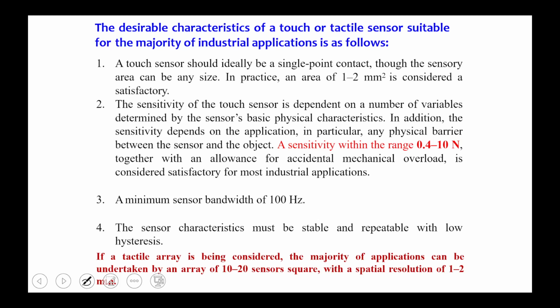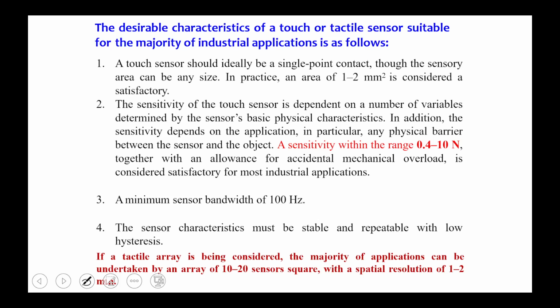The sensitivity of the touch sensor depends on a number of variables determined by the sensor's basic physical characteristics. In addition, the sensitivity depends upon the application, in particular any physical barrier between the sensor and the object. A sensitivity within the range of 0.4 to 10 newtons, together with an allowance for accidental mechanical overload, is considered satisfactory for most industrial applications.